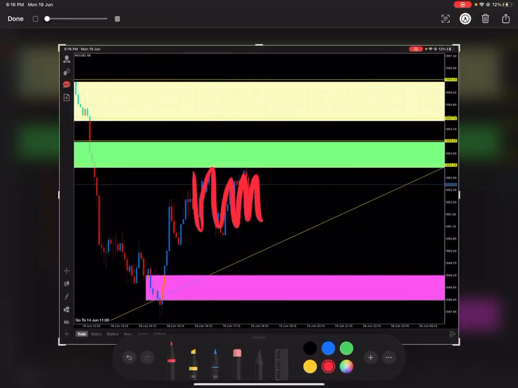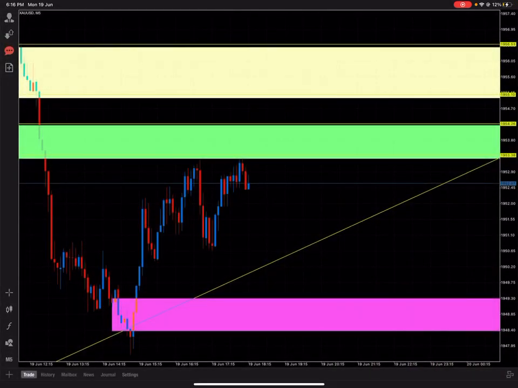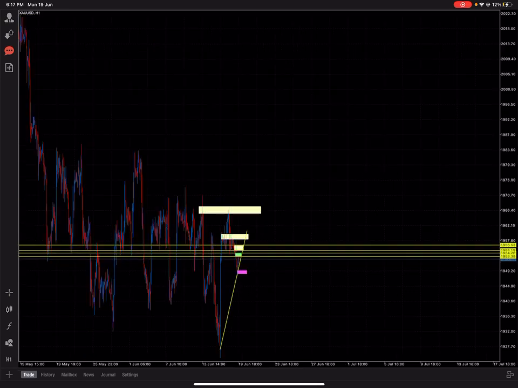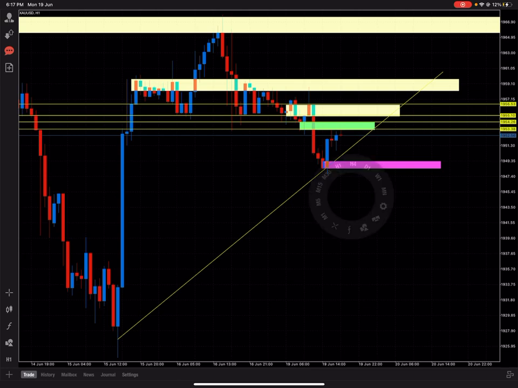Sideways on 20 pips for a long time, already 3 hours at the same price, up and down, up and down, no big movement. So just be prepared. Maybe tomorrow we'll get the movement.